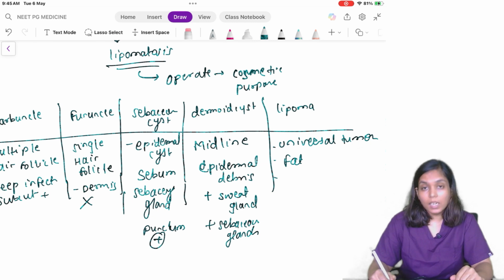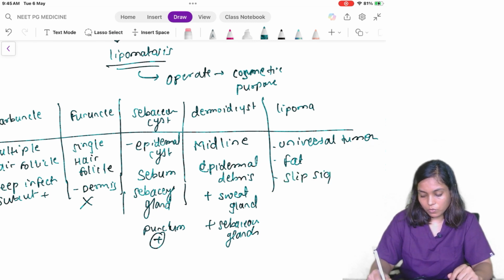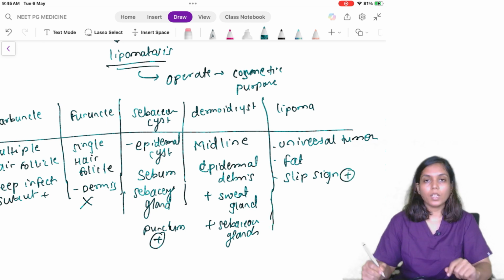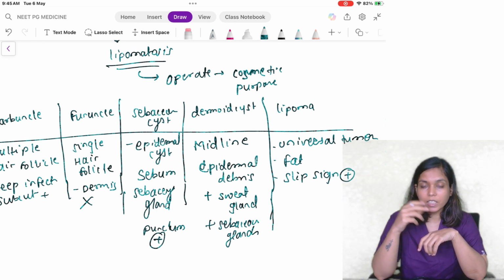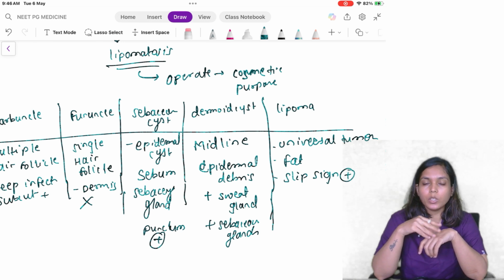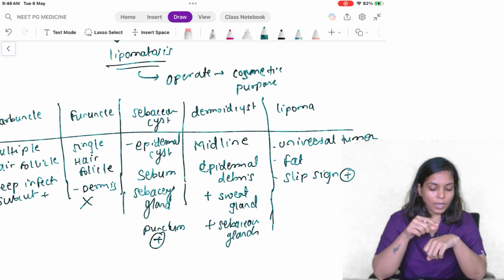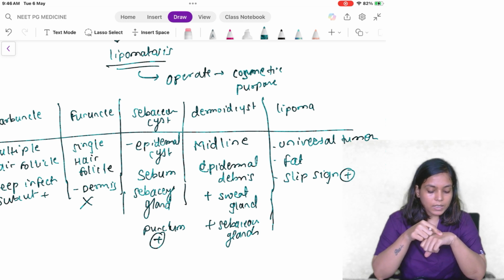Okay, and the classical sign we see in lipoma is the slip sign. What is the slip sign? At room temperature, the fat inside the lipoma is in a liquid state, it is not solid. So when you try to grab that lipoma or swelling, it slips between your fingers, so we call it the slip sign.